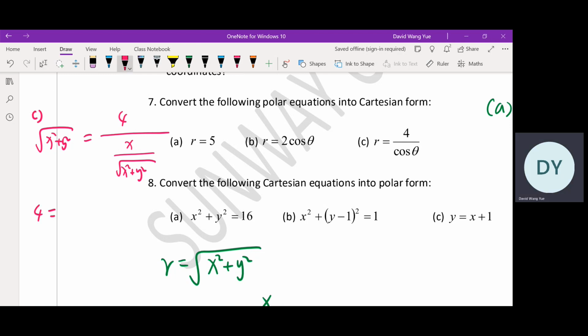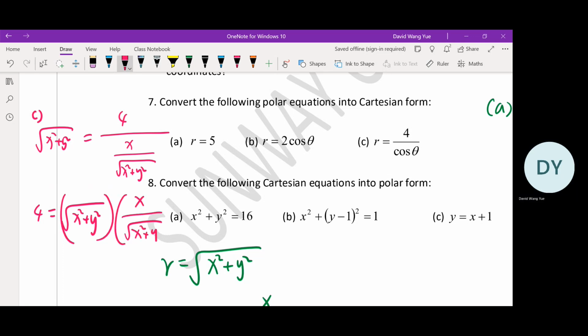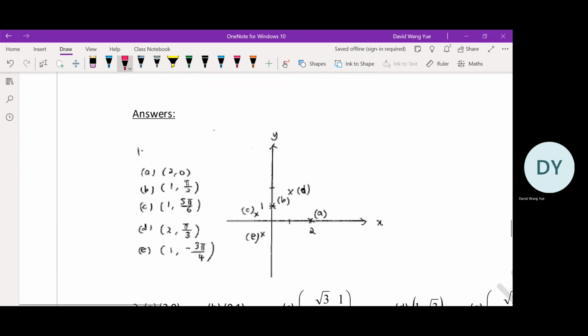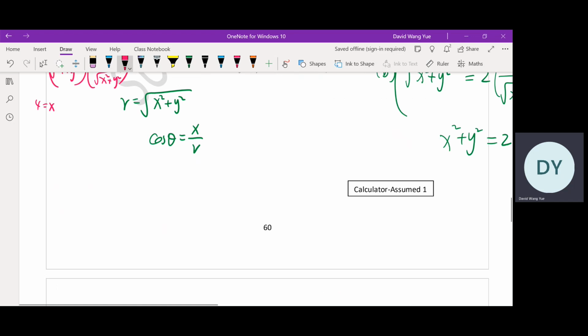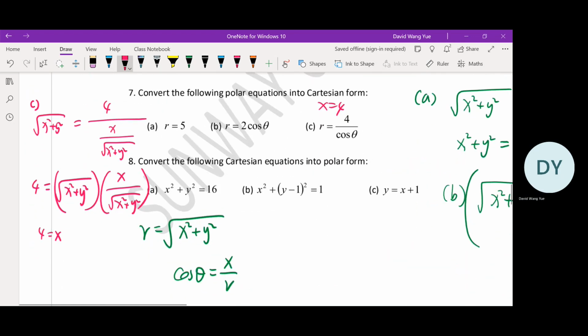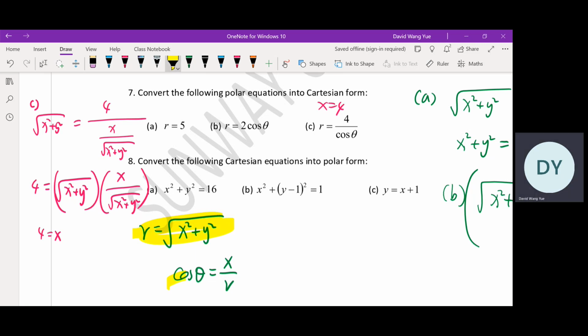Then the 4 should be equal to this times the denominator. Then I just get 4 equals x. So this one is just x equals 4. Okay, so this is how to work out the C. So we just use the definitions for r and cosine theta.